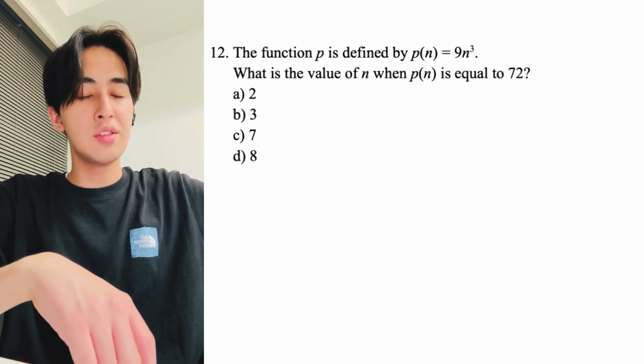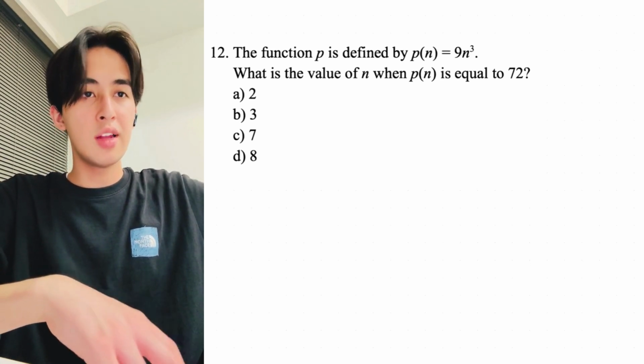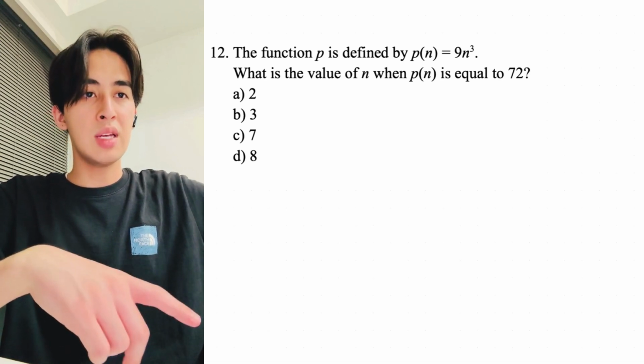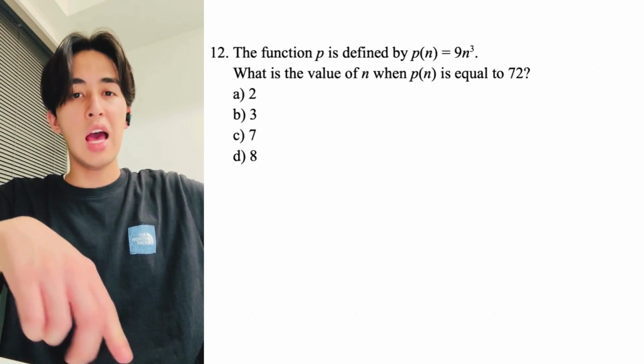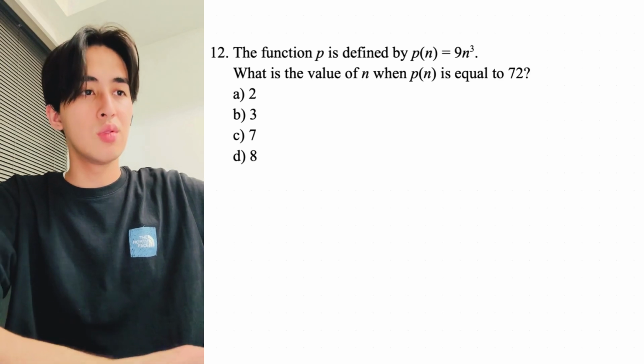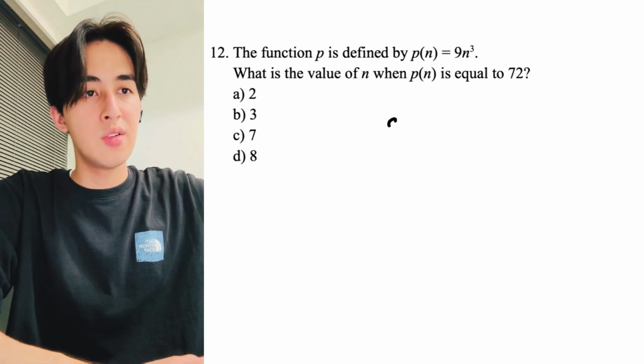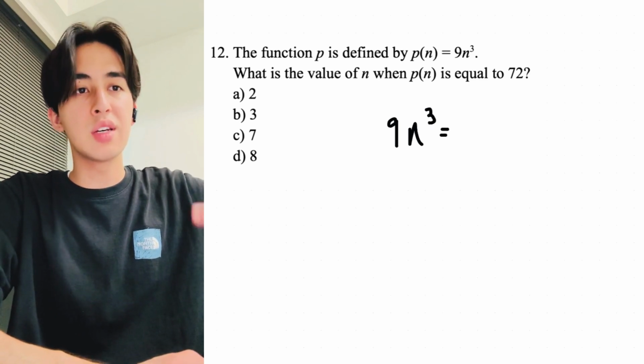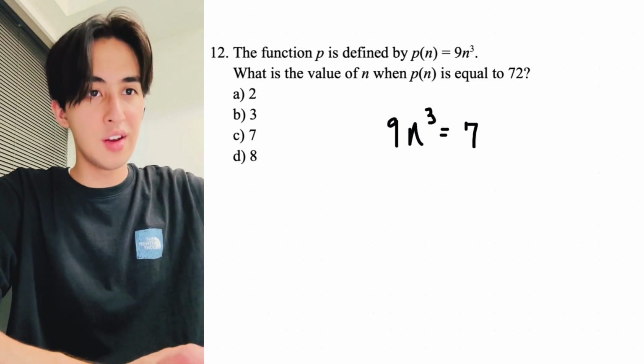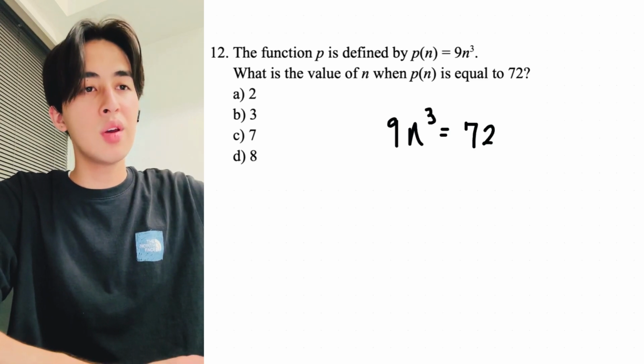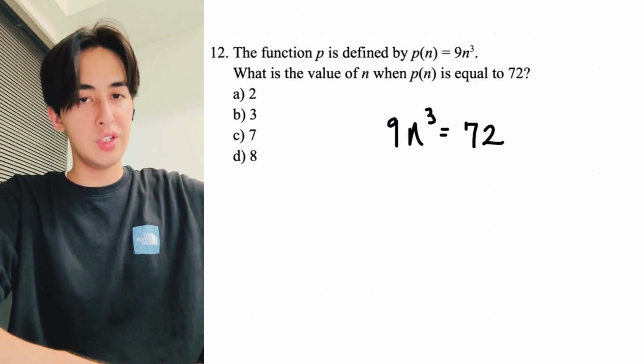Since p of n is equal to both 9n cubed and 72, that means that 9n cubed has to be equal to 72. So let's write that down. 9n cubed has to be equal to 72 because both of them are equal to p of n. So what we can do first is take out this coefficient, the 9.